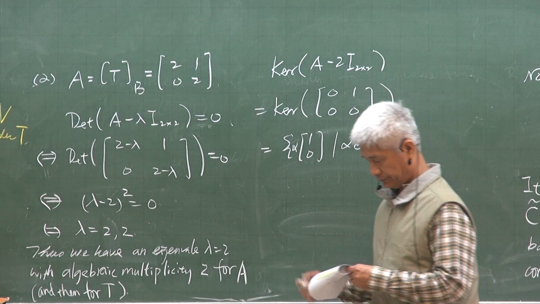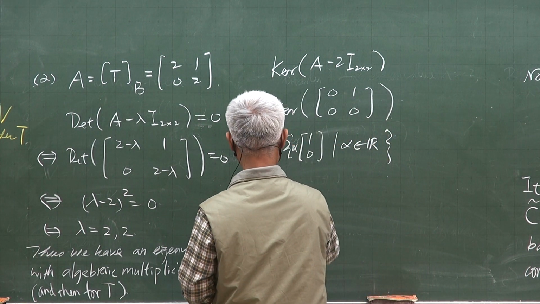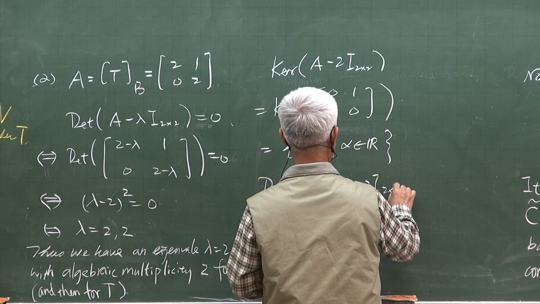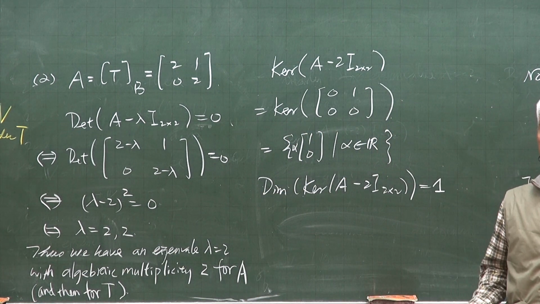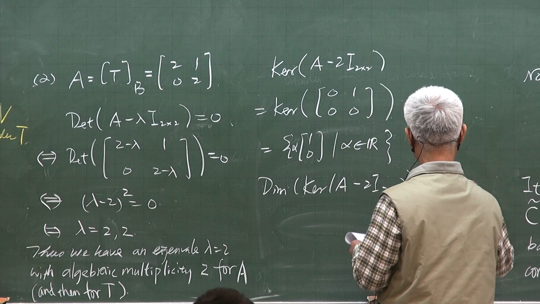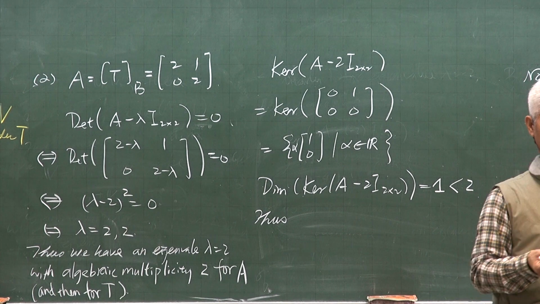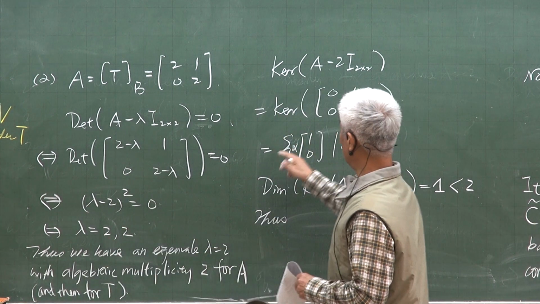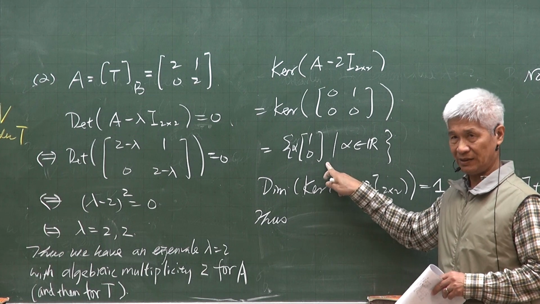Okay. And the dimension of the kernel of A minus 2I, right, is 1, which is less than 2. This is the only way we can find eigenvectors, because we have only one eigenvalue, equal to 2, and the eigenvectors corresponding to eigenvalue 2 are just all non-zero vectors in this kernel.